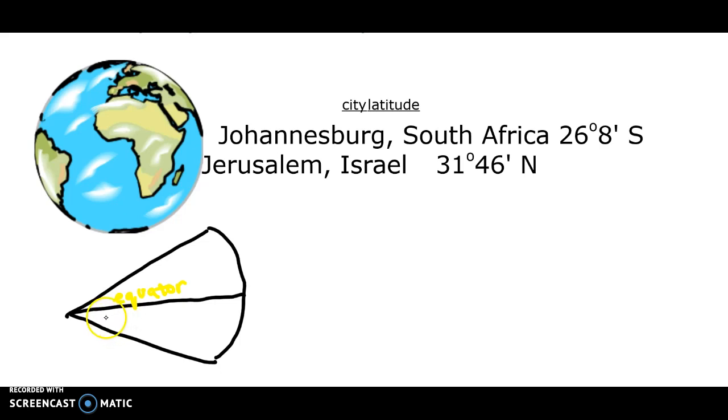Here, in one place we have South Africa, and in one place we have Israel. Places we're looking at. So what we're trying to find is this arc length, which remember we use the variable s.